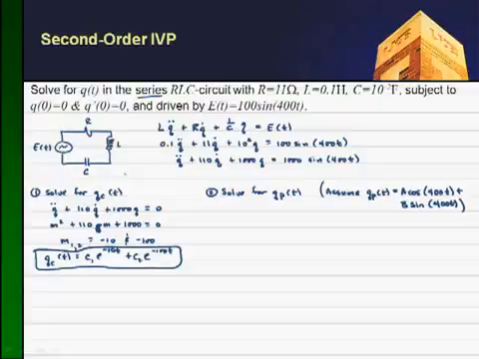Alright, so next, if we assume this for Q_P of t, you can go ahead and find the first derivative, and then find the second derivative, insert that back into the governing equation, and solve for the undetermined coefficients A and B, which we should be adept at now if we're looking at this video.